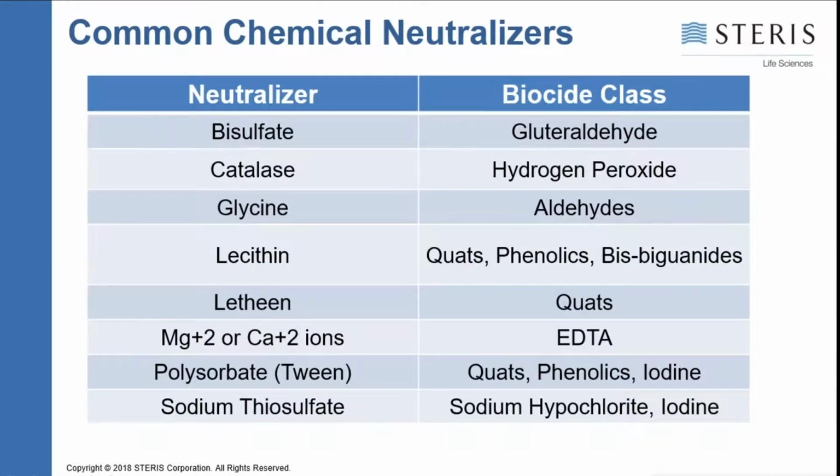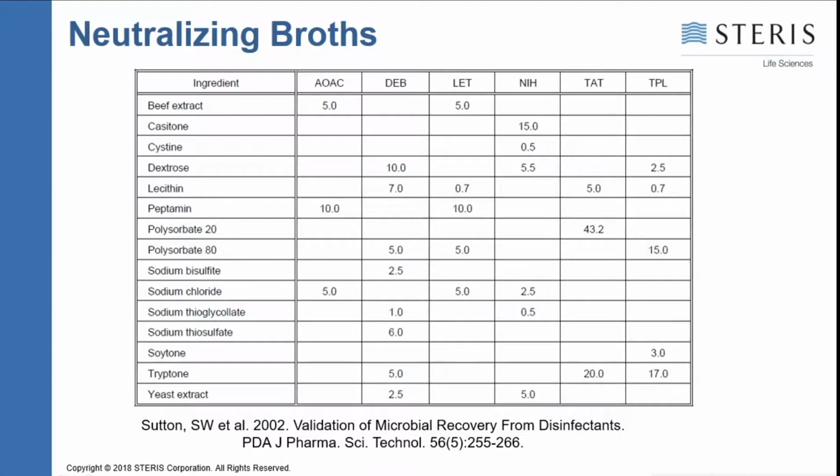This is just another reference on neutralizers. So over here are the different biocides and the respective neutralizer. This comes from a book by Aliff on disinfectant preservation and efficacy. And this actually comes from a PDA journal article from Dr. Scott Sutton, who has passed away, but it shows the different broth neutralizers, so AOAC broth, Dey-Engley broth, letheen broth, and 3 other broths here, and it shows what the components are.